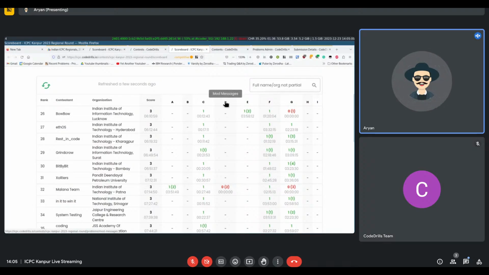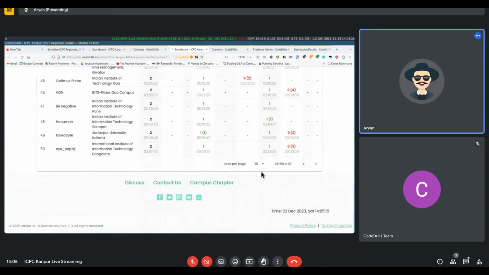But I'm not really sure if they would be able to get an AC on mod messages. They are doing it online and they will have to completely rewrite their code to get an AC. I believe they can do it if they have enough time and if they write it from scratch instead of optimizing their current approach.